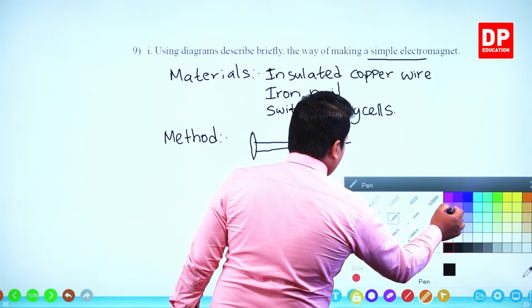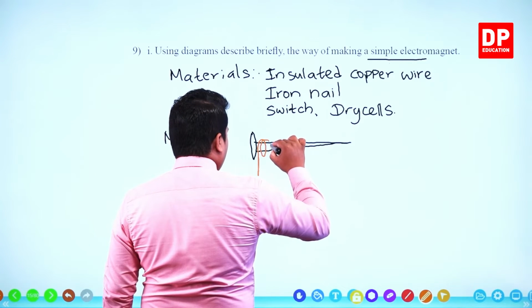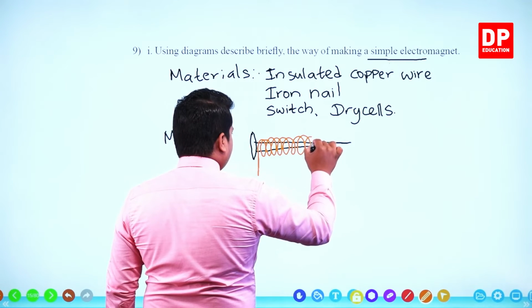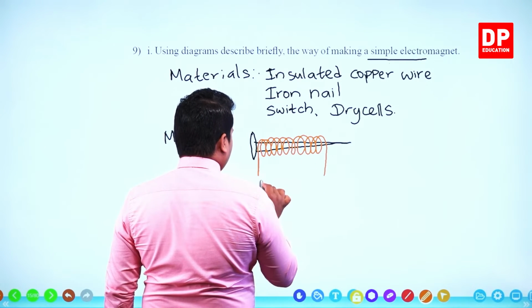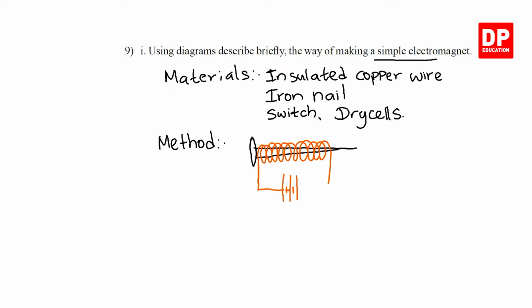What I'm going to do is wrap the coil and connect it to dry cells like this, through a switch.